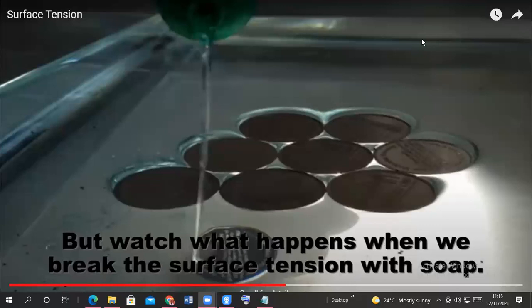Yes, Ruth. Surface tension is the force that allows objects to float on water. Thank you for trying.